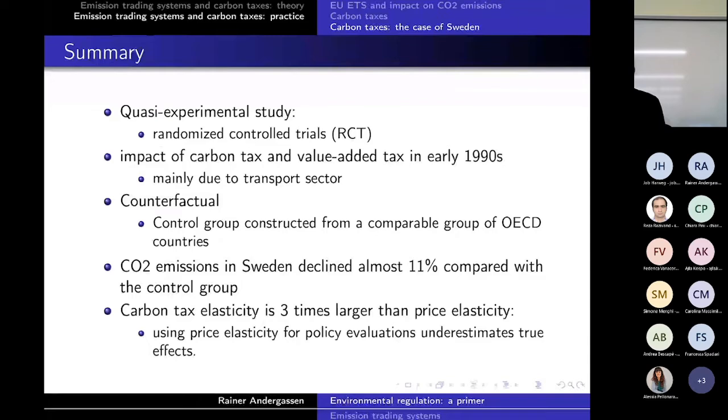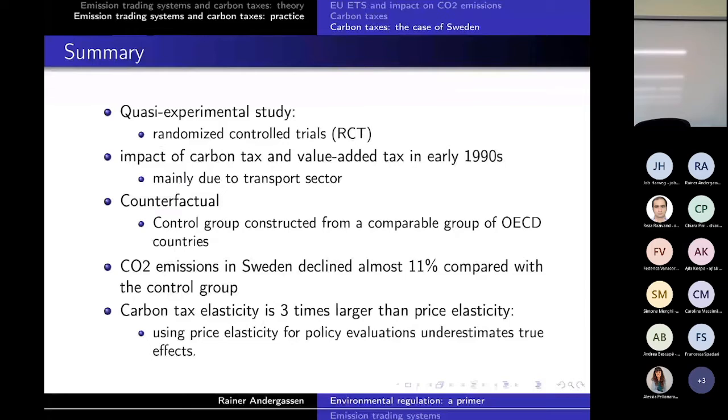Okay. Now these are the main results. Again, I promise I'm going a little bit into the details, but just to give you an overview. Here the counterfactual is constructed again.